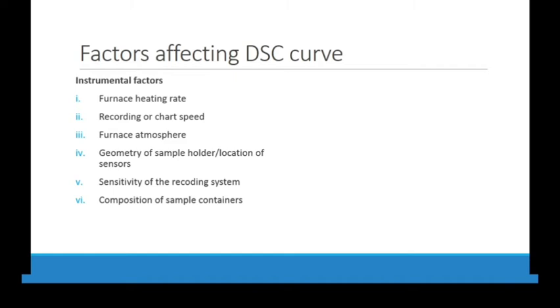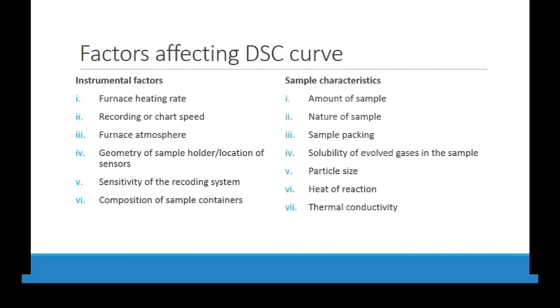And then composition of sample containment. Then there are different sample characteristics which can affect your DSC curve, which are amount of sample. If you overfill it, I already told you, nature of sample, sample packing, solubility of evolved gases in the sample. If there are some evolved gases stuck in the sample, it will also affect the DSC curve. Particle size: if you have very small particle size, you have large surface area.